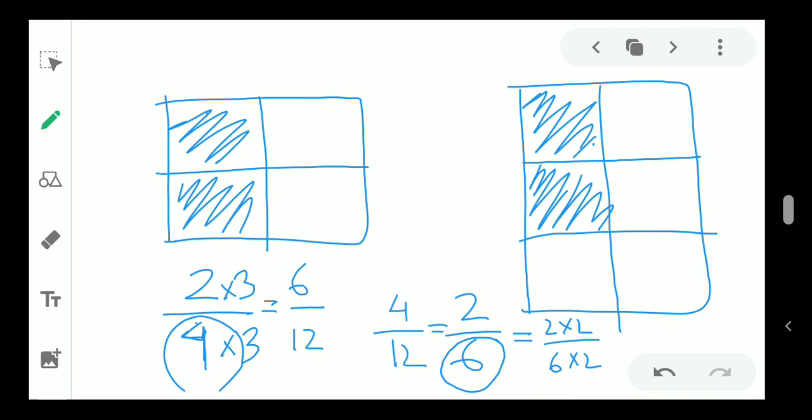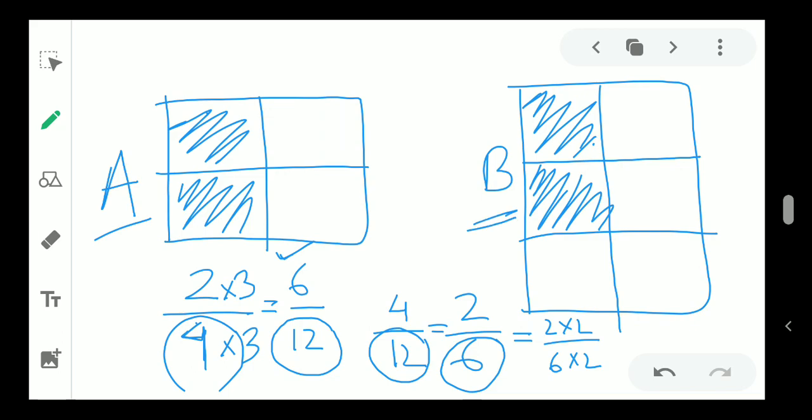Now you can see that if both of them had 12 sections to color, the first person, person A, has done 6 out of 12, whereas person B has done only 4 out of 12 boxes.